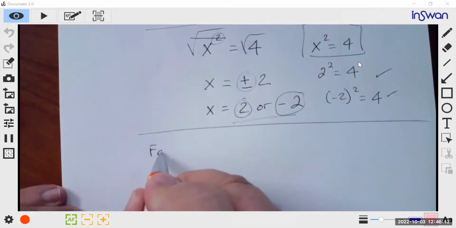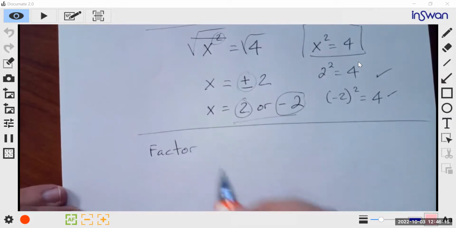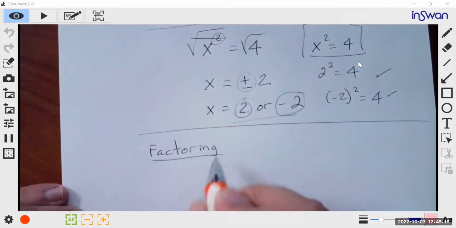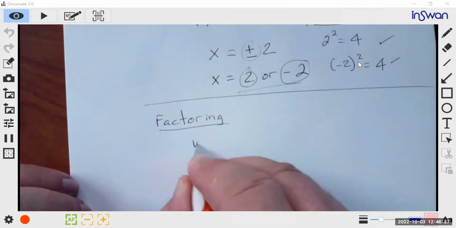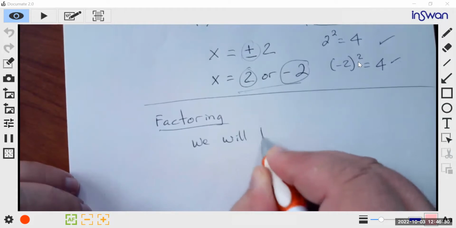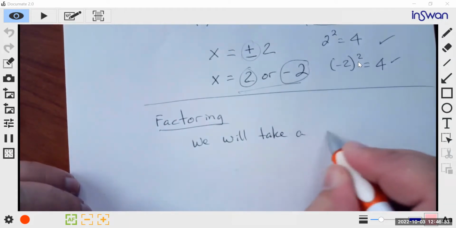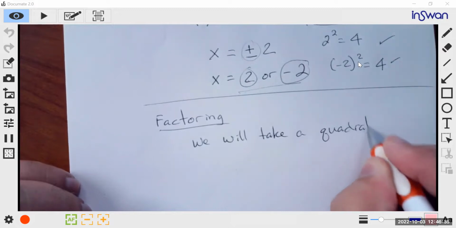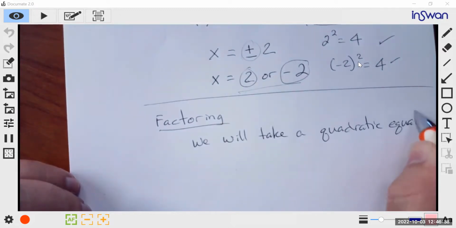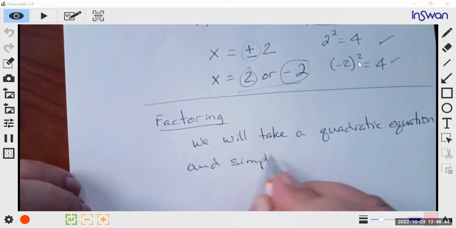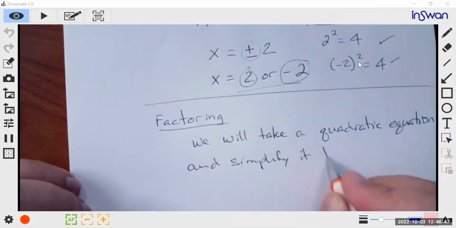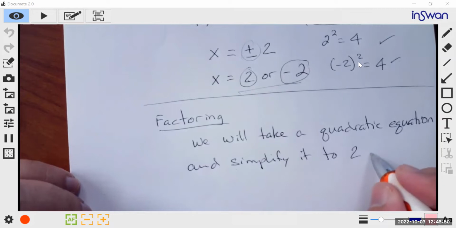The first method, now we're going to start solving quadratics. The first method we're going to talk about is called factoring. Here, we'll take a quadratic equation and simplify it to 2 linear equations.